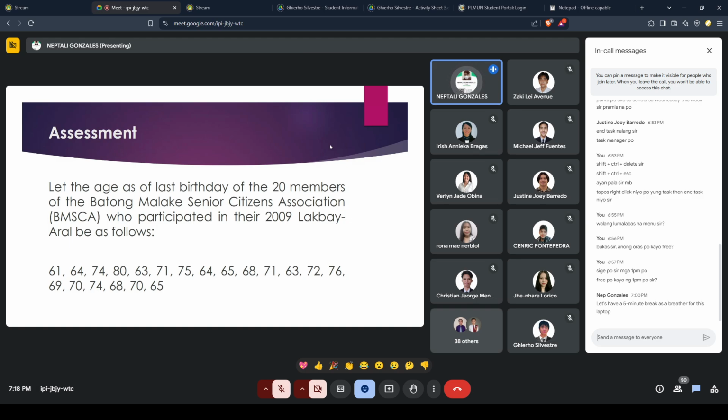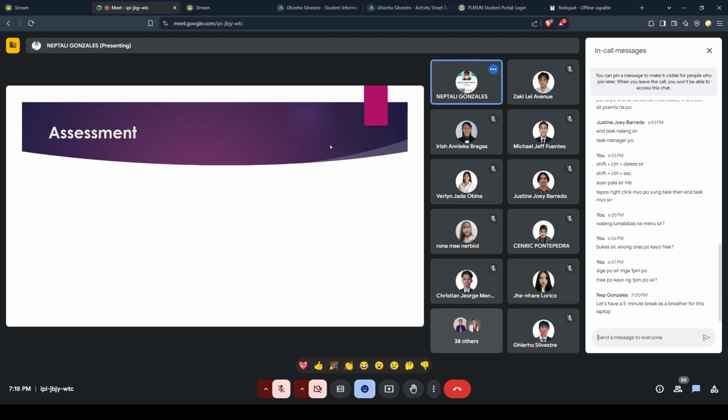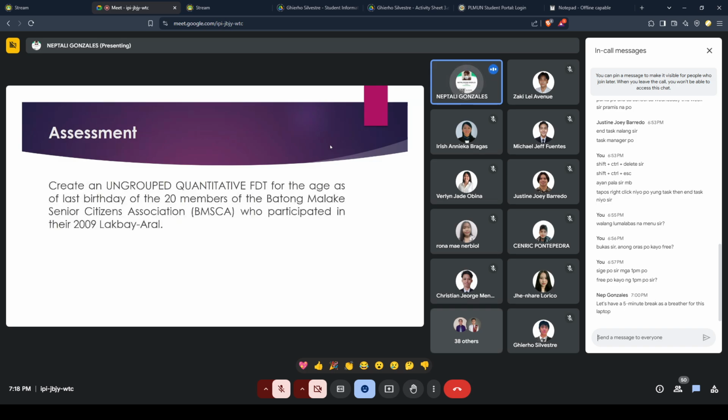So here are the ages, from 61, 64, 74, up to 65 years old.